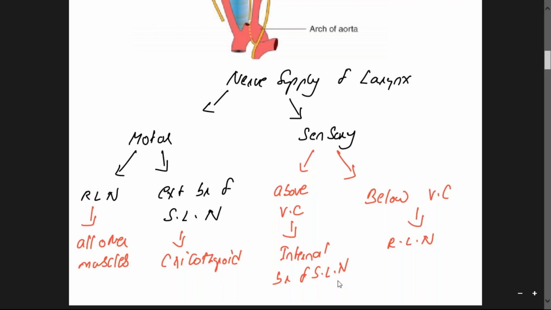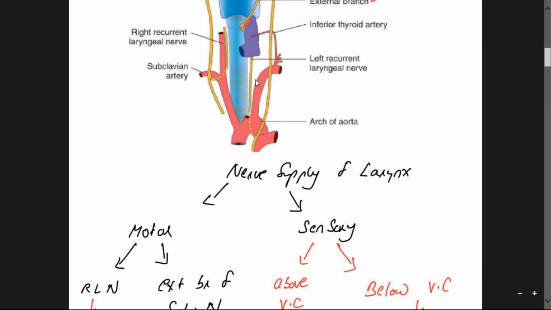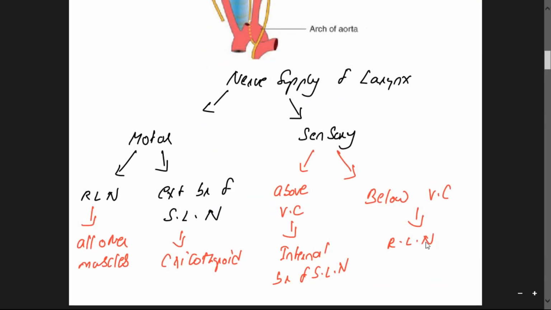Above the vocal cords, the internal branch of the superior laryngeal nerve supplies, you saw that this one is piercing, so above there will be the vocal cords, around here. Below the vocal cords it is the recurrent laryngeal which supplies. Remember that, because unless you understand this there is no point in going forward. So below the vocal cords, recurrent laryngeal; above the vocal cords, internal branch of the superior laryngeal.